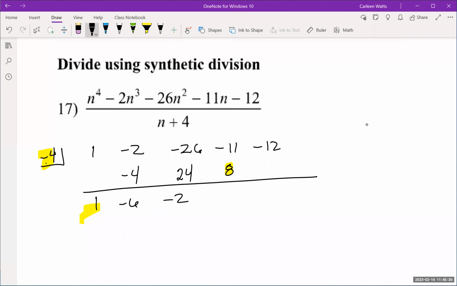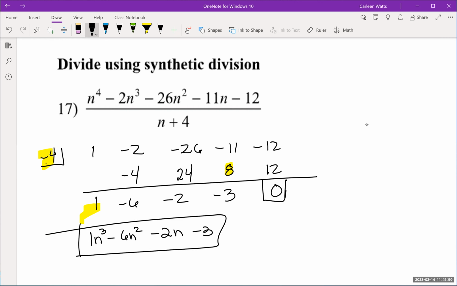Add. Multiply. Add. We're going to have a remainder 0. So it was n to the 4th. We go down n cubed. Remainder 0. Done.